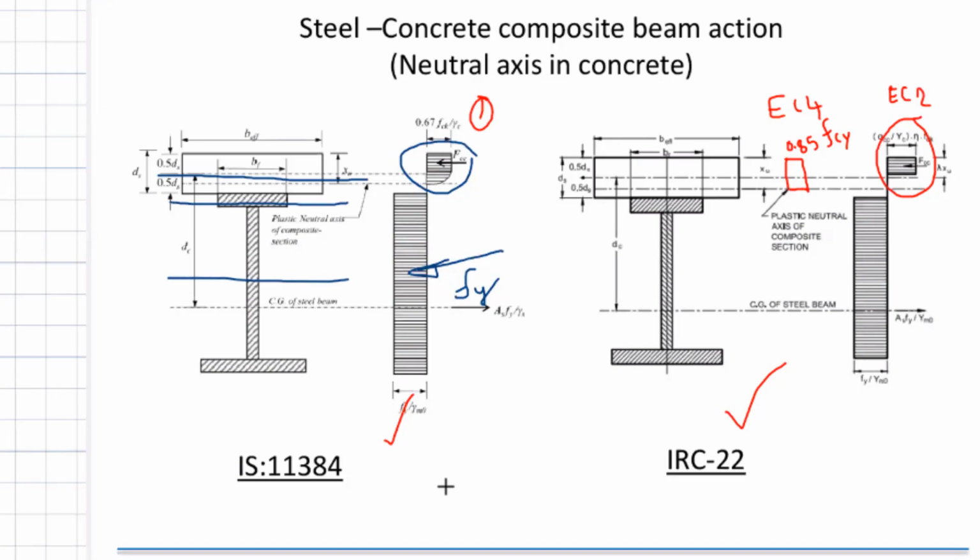So in the ULS design, ultimate limit state design, we assume all the materials reach their maximum yield stress. At that position, we will find the moment capacity.